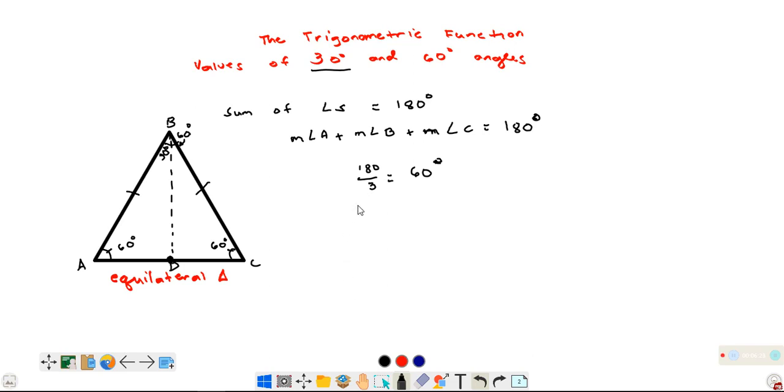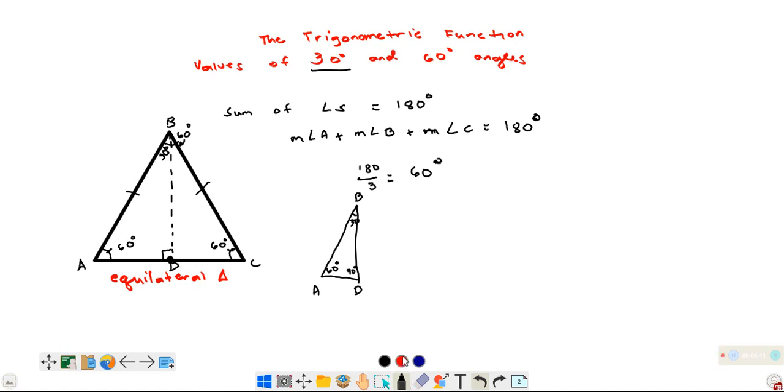Ito siya, ABD. Drawing ko lang siya dito para hindi kayo malito. Maya-maya buburahin ko siya. So, ito yung half nung equilateral triangle natin. Meron tayong 30, 60, and of course, this is 90 degrees. So, this is 90. This is a right angle.